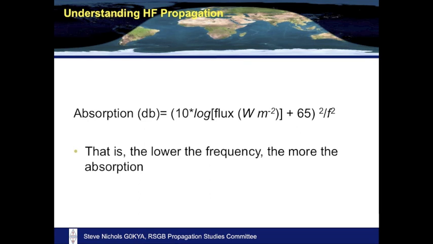By the time you get to 20 meters and above, D layer absorption doesn't really play too much of a part. But it does mean that on 80 meters especially, and 160 meters, that's 1.8 megahertz, absorption is a major factor. So during the day or at times of high sunspot activity, they're not going to be terribly good bands to work DX on.